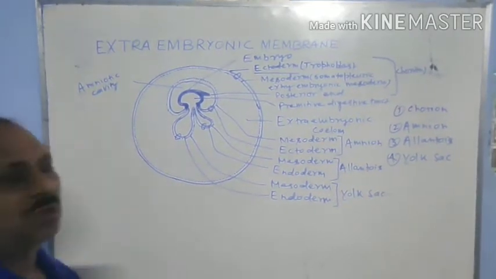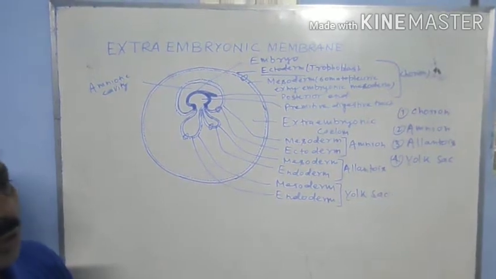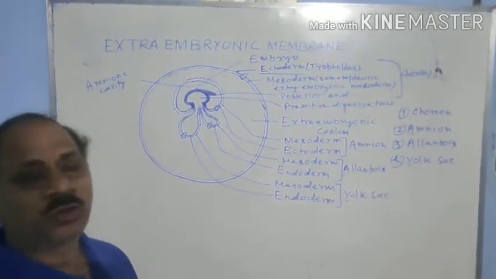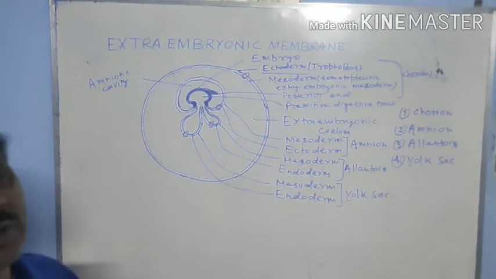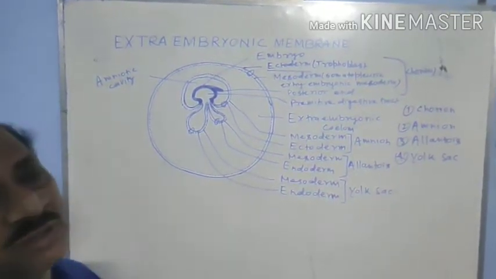The chorion produces finger-like projections known as chorionic villi, which penetrate the tissue of the mother and help in the formation of the placenta.